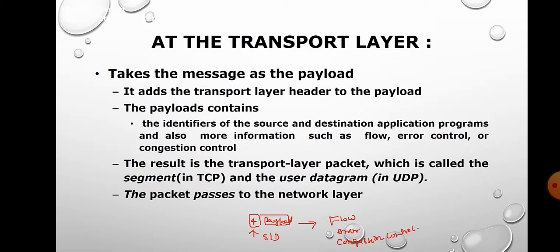So the result is the transport layer packet, which is called a TCP or UDP packet. This packet will be passed into the next layer, that is the network layer.